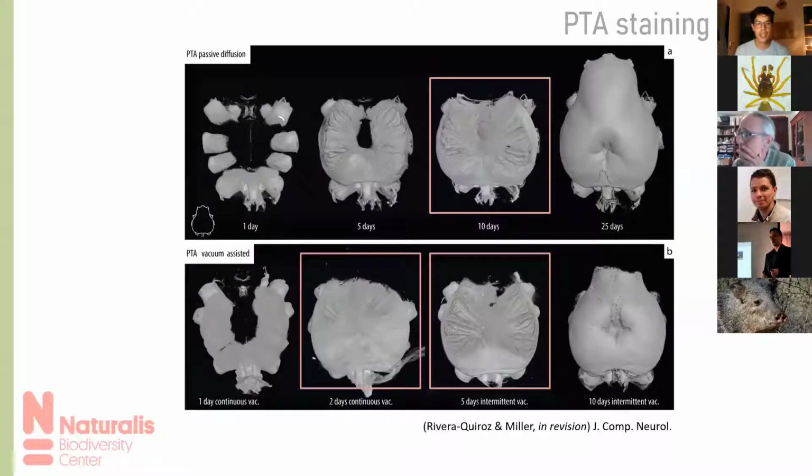So in the end, we found that this sweet spot that I talked about was achieved in constant vacuum after only 2 days, and in intermittent vacuum after 5 days, effectively cutting the staining times by 50 to 80%.